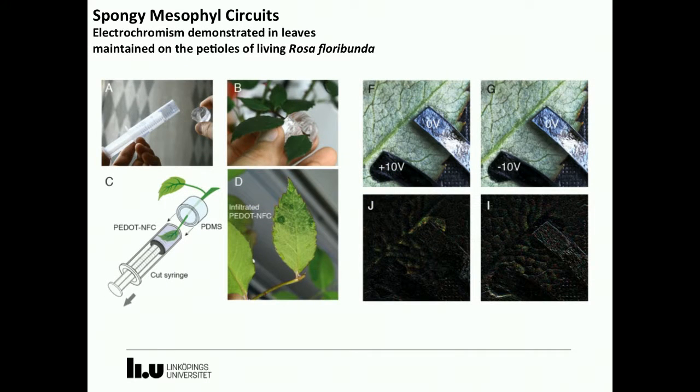We also applied this to leaves still attached to the petioles and the stem. These leaves survive for at least 2-3 months before they naturally fall off, which was a great surprise to us. And we can also achieve this electrochromic switching in the leaves.